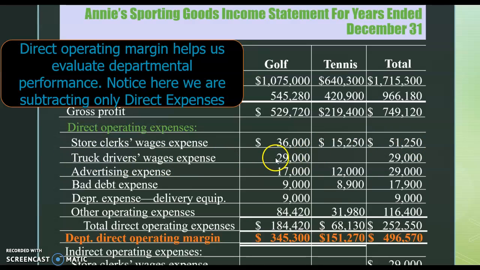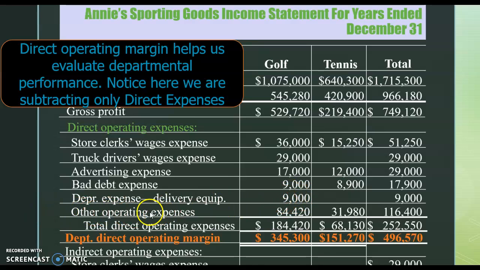Again, the truck drivers only had one truck driver that was a direct expense. The advertising, we had $17,000 of advertising expense in the papers for golf, $12,000 for tennis. The rest was allocated. Bad debt was all direct expense. Depreciation, we had one truck to put the depreciation on.